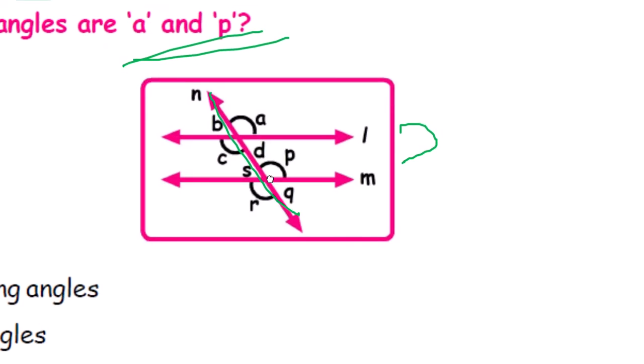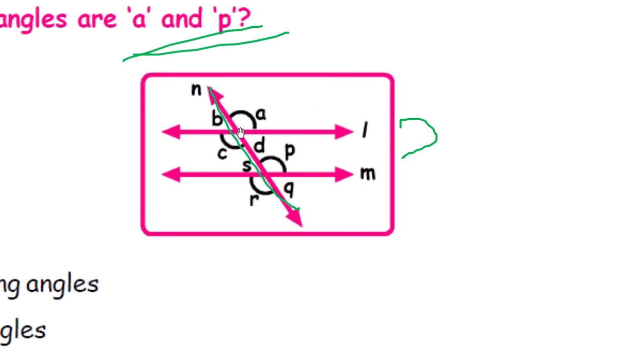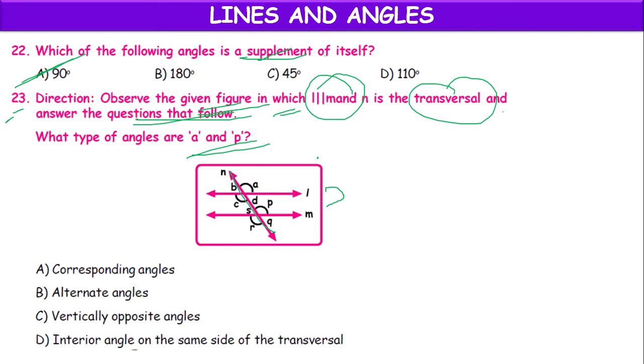They are lying on the right side of the transversal, above line L and above line M. So they are lying on the same side of the transversal, so they will make a pair of corresponding angles. Corresponding angles. So option A is correct.